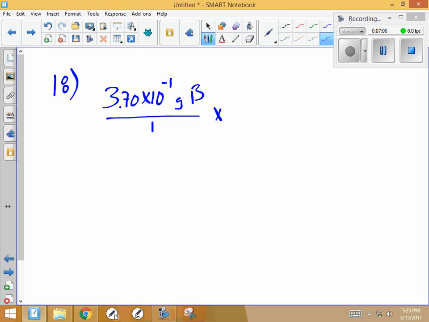Let's use that molar mass, but in the inverse. You've got grams here, so we'll need grams on bottom. And we want to calculate the number of moles, so we'll need moles on top. Boron has an atomic mass of 10.8, so that's how many grams per mole of boron. And the grams cancel, just like that.